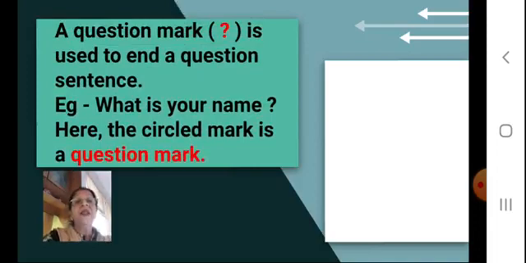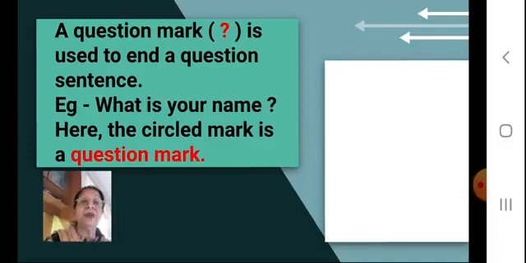Now, question mark. You must have seen that when we ask a question, we put a question mark. So here you can see what a question mark looks like. A question mark is used to end a question sentence. Supposing we ask a question, What is your name?